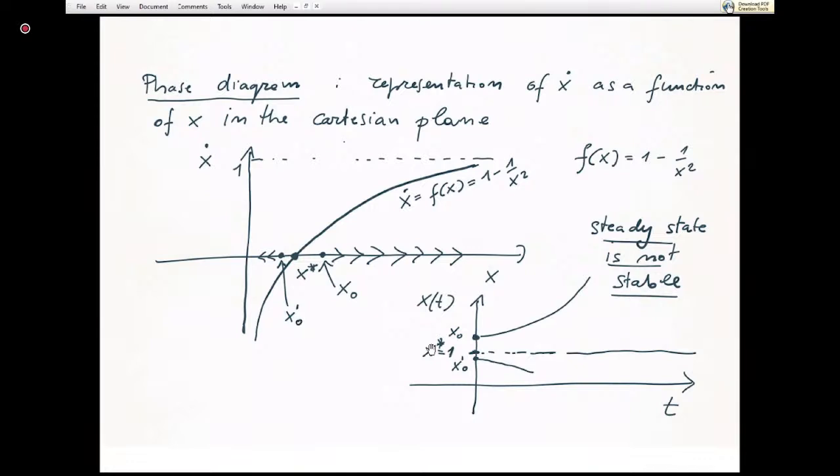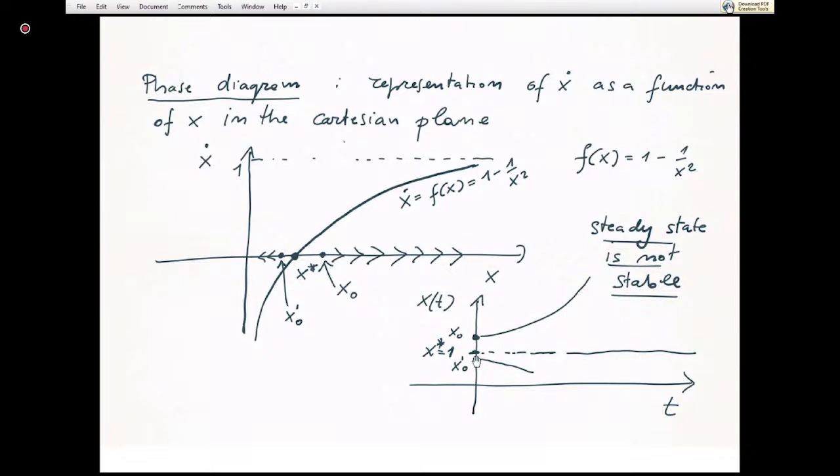Now remember that x star equal to 1 is here. If I start slightly above this, I have a movement away from the steady state, okay? If I start below, I have a movement away from the steady state. In this particular case, the variable will not become negative because we are restricting to positive levels of the variable, okay?